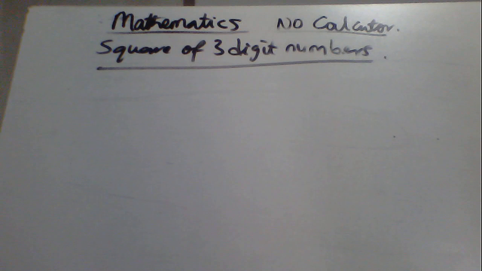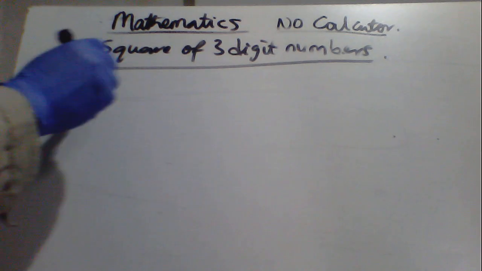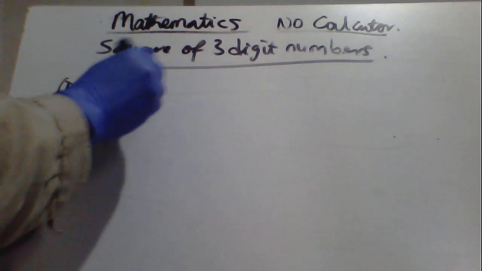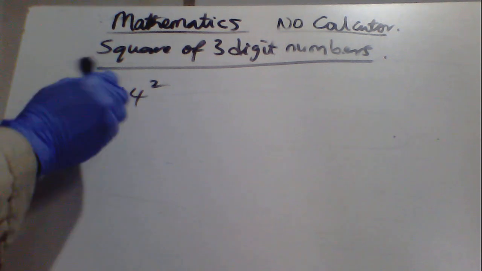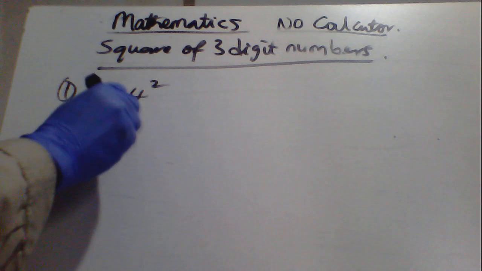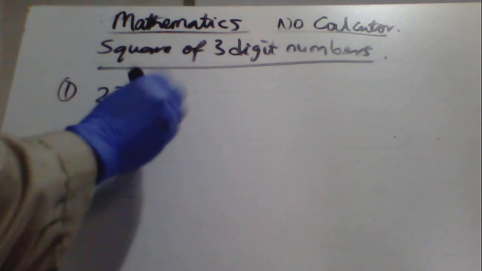From here, we are given 2,342. How do you find the square of this number using the method I have stated? In order to find the square of this number, you have to join 2, 3, 4 as a tenth.